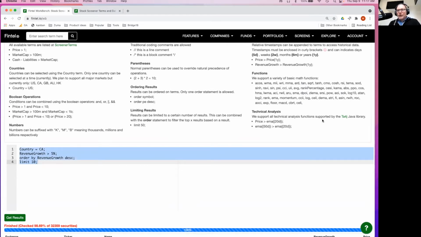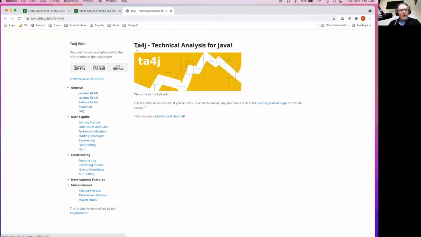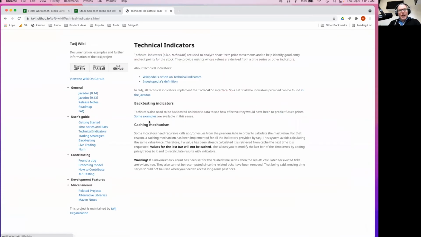Now, there's a library called TA4J. If you're a programmer or you're inclined to read library documentation, you can open this up and find the documentation for all of the various indicators that we have, because we have implemented all of these indicators.